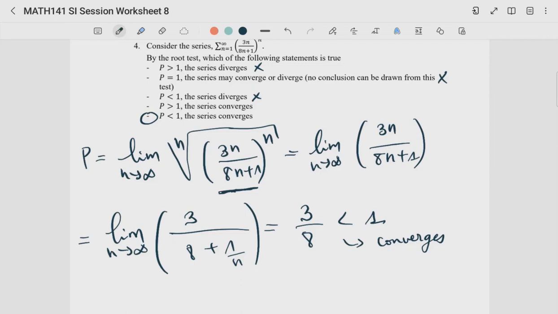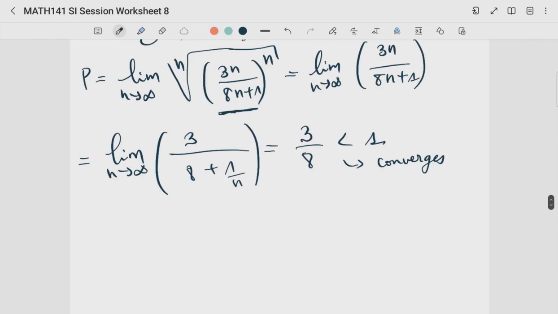And that just means that we are not at risk of having a negative value under the square root. So therefore, we are safe taking the nth root of the series. Right. So that's that.